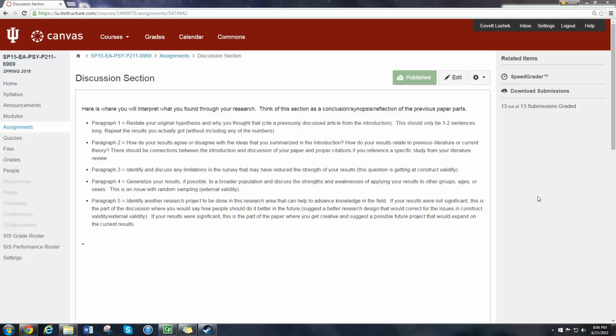And so here you're just going to say, okay, we've restated the hypothesis, why we thought the hypothesis was the one that we stated, and then what we actually found in basically one sentence. So if you found that sleep and anxiety were related, you would say something like, the results for this study discovered that sleep and anxiety were related.